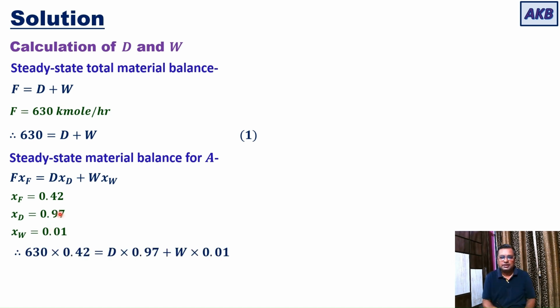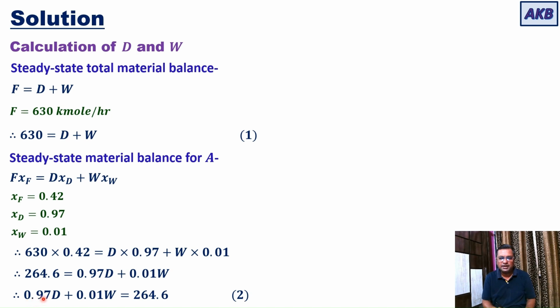So therefore the equation will be 630 into 0.42, that is equal to D into 0.97 plus W into 0.01. And 630 into 0.42 is 264.6, that is equal to 0.97 D plus 0.01 W. That is, 0.97 D plus 0.01 W is equal to 264.6. I have just rearranged the equation, and now I am calling that equation as equation number 2.